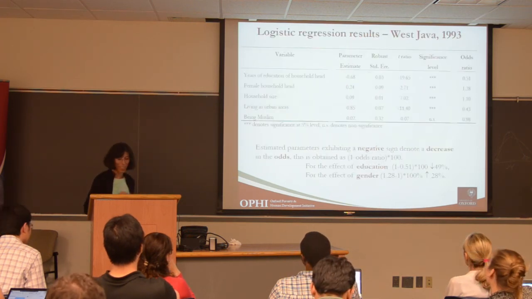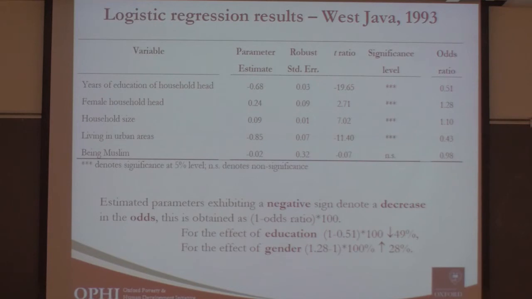Okay? So here comes the Logit regression. We have the dependent variable 0, 1, being poor, non-poor, and then these are the explanatory variables we included. We had a female household head, which was something we didn't use in the construction, so it was okay, 0, 1. Household size, okay, maybe.